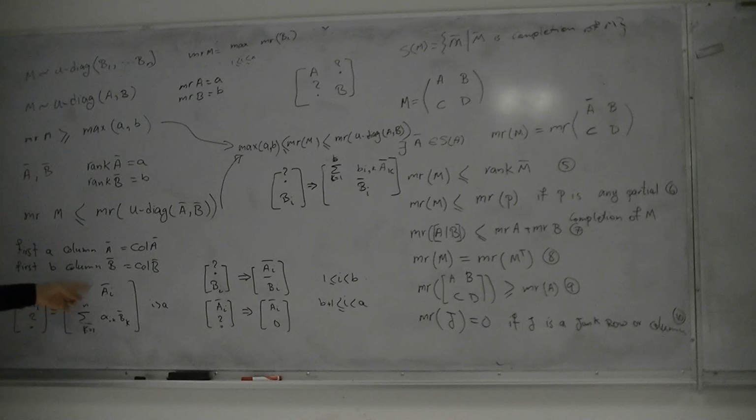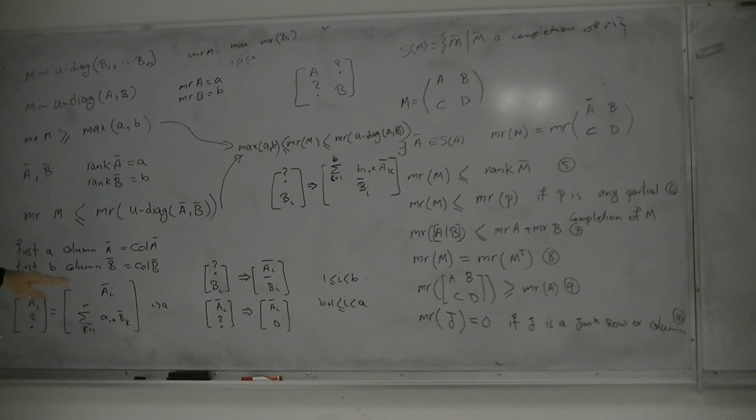For example, here the A_i is the linear combination of the k columns of the original matrix, because we use only the first A columns and use that.